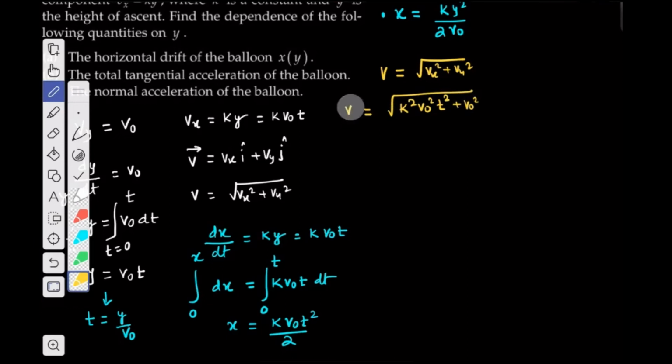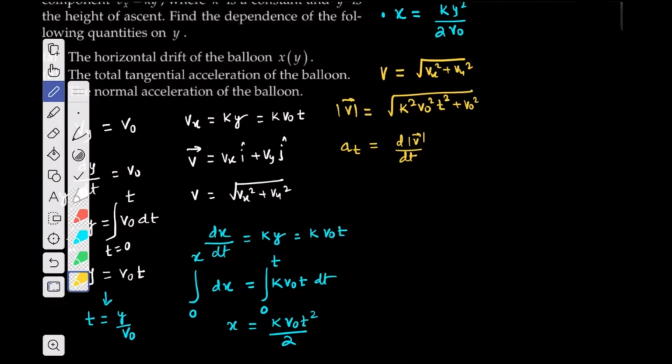So this is our speed, and the tangential acceleration, you know, is the rate of change of speed, and I think everyone can do this differentiation using chain rule, no? Whatever you have inside the root, you differentiate it with respect to that, and then you differentiate whatever is inside the root with respect to t.